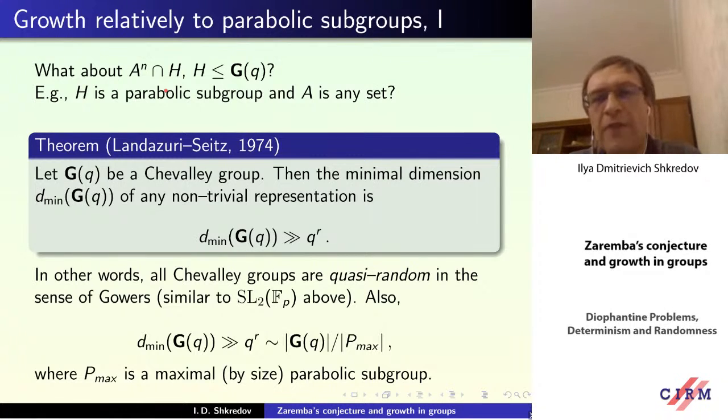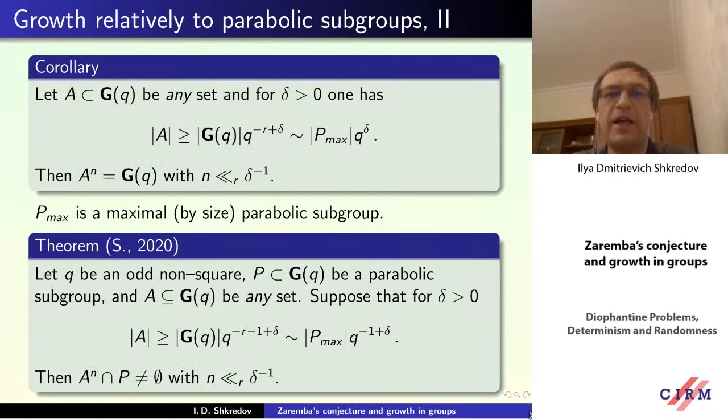But I am formulating a weaker question: I want to find an element in my orbit A to the n belonging to a rather large, very large parabolic subgroup of G(q). So that is an algebraic question. And our first result in this direction is the following. From Landazuri and Seitz, there is the following growth result.